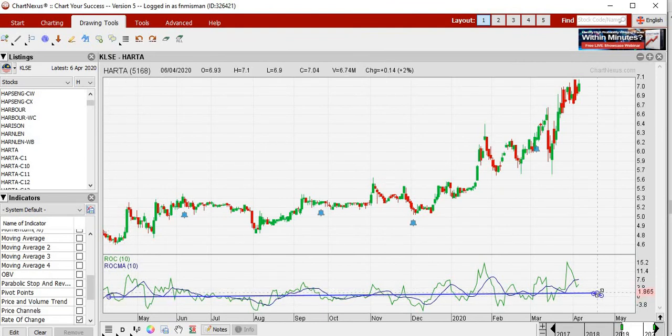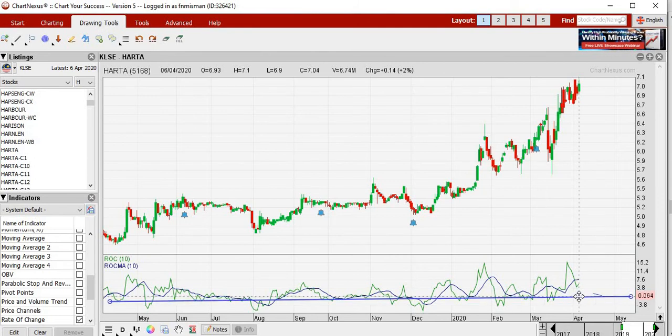Maybe it's not really sharp, but we try to get it to almost zero value.